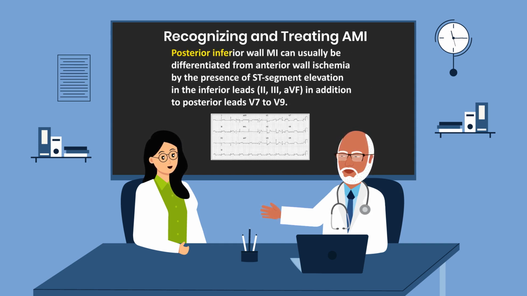Posterior inferior wall MI can usually be differentiated from anterior wall ischemia by the presence of ST segment elevation in the inferior leads, namely 2, 3, and AVF, in addition to posterior leads V7 to V9.